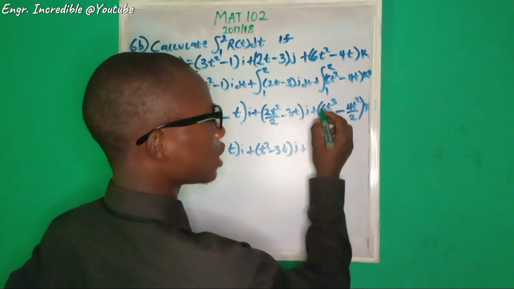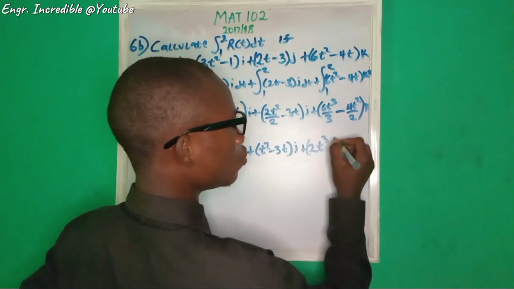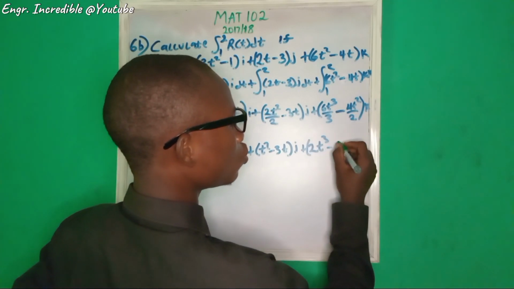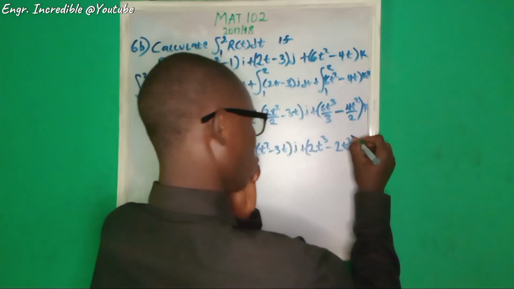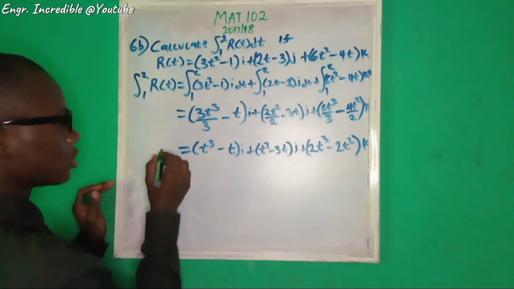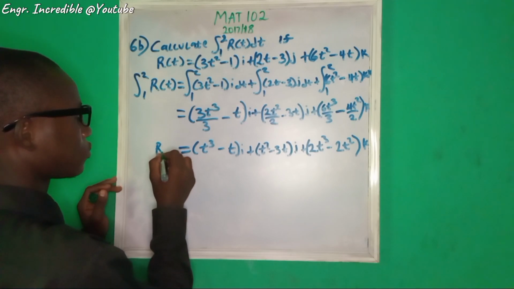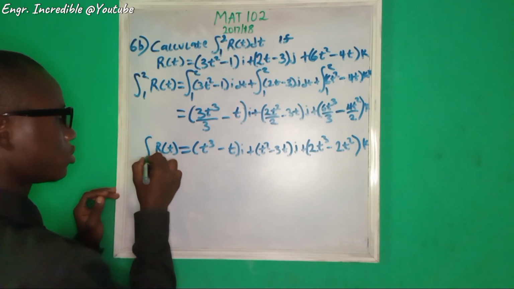So we have this as 2t cube minus 2t square, because 2 here goes in 2. So this one is for k. So now this is the normal integral of r of t, that is the normal integral.